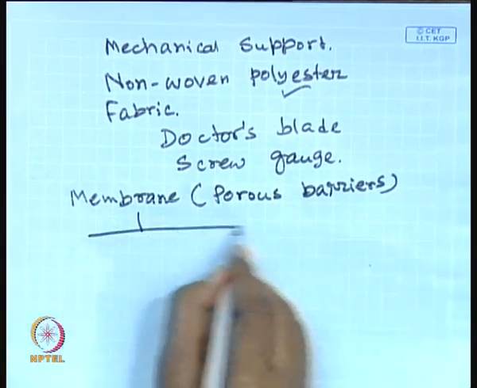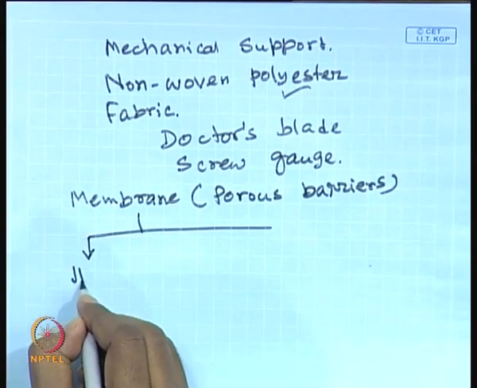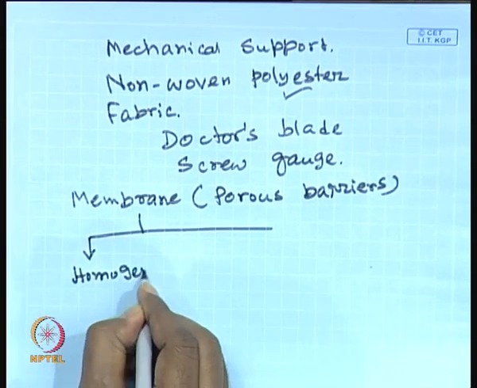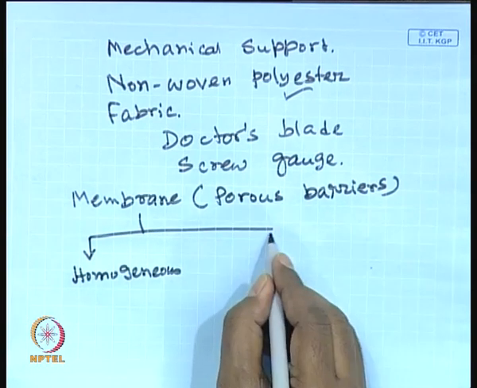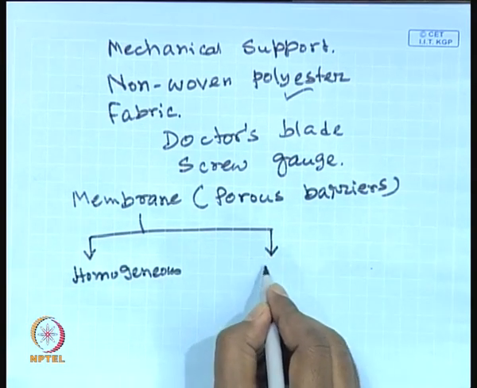These types of barriers can be of two types: homogeneous and heterogeneous.